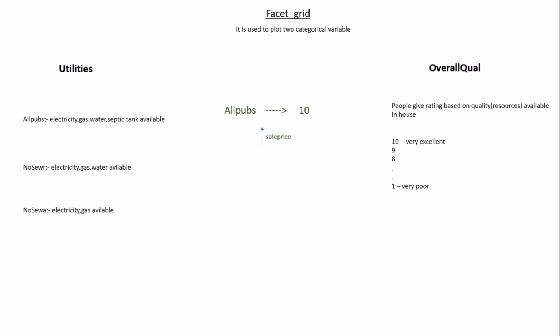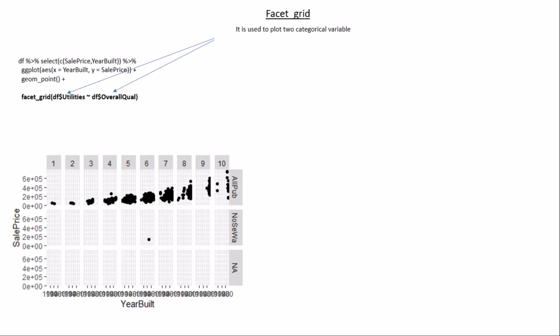And of course, if all the facilities are available in the house, people generally give the quality high, and the selling price of this particular house is very high. This is our hypothesis. You can test this hypothesis by using the facet grid function. You put the two variables which you want to study.